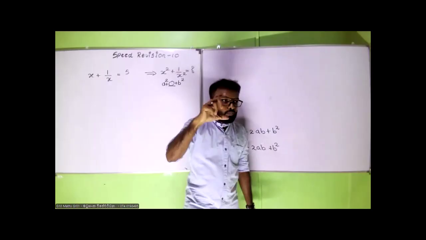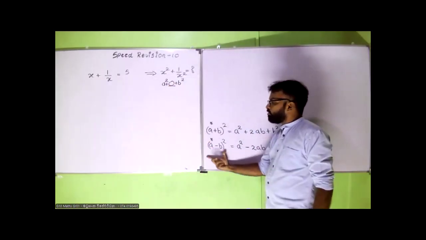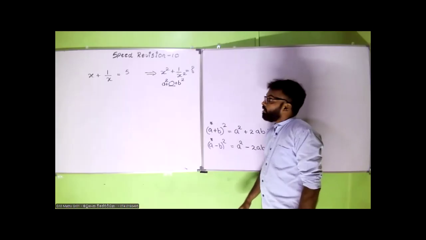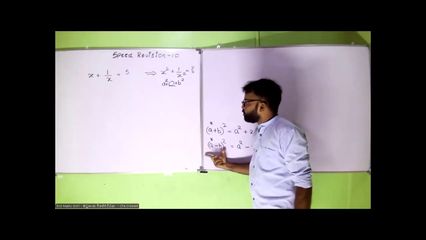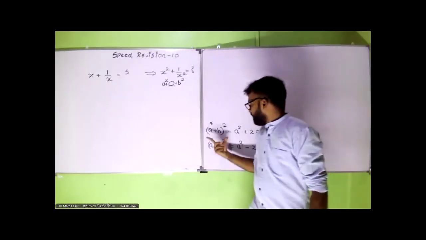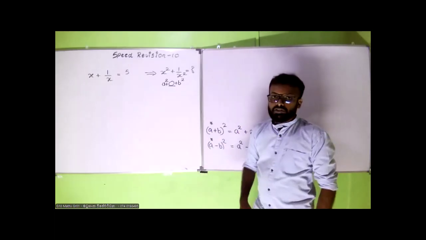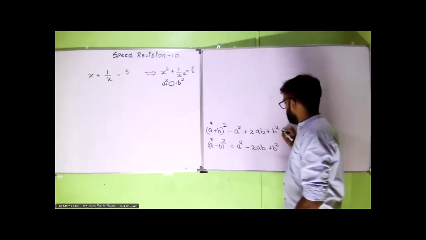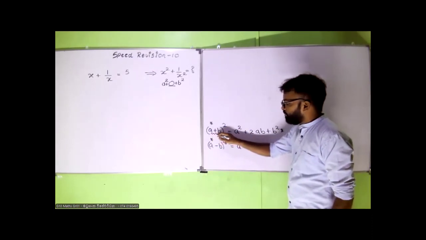The only way to obtain this part is by expanding this one or this one. But if you consider these, the perfectly matched one is this, because this is something like a plus b.